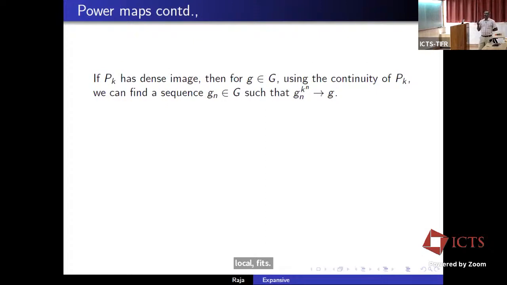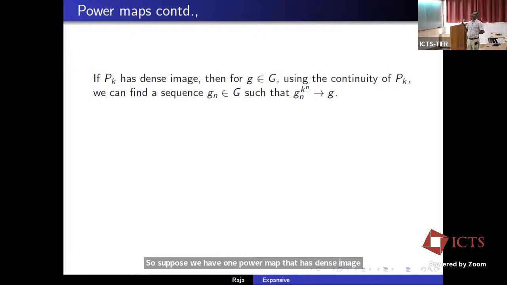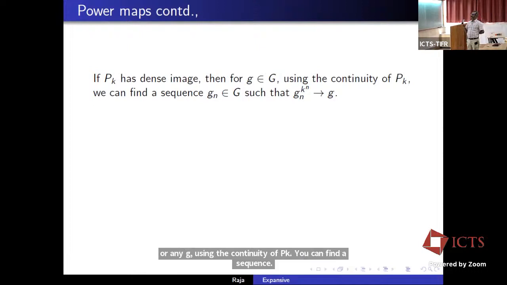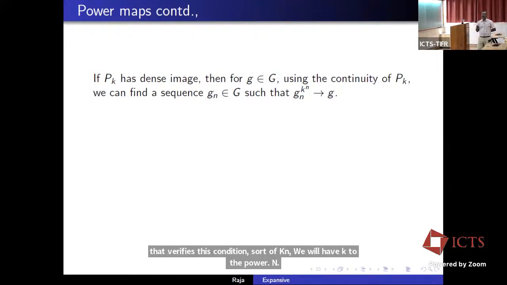So now we apply this result. How do we apply it? Suppose we have a power map that has dense image. Then for any g, using the continuity of P_k, you can find a sequence g_n that verifies this condition, with k to the power n instead of k_n, where k is greater than 1.